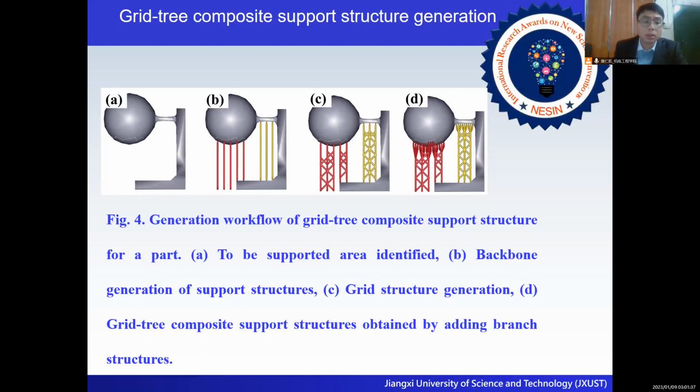Then use the raster sampling method to obtain the support points and generate the backbone of the support structure, as shown in Fig 4b. Next, use the sweep algorithm to generate the grid structure, as shown in Fig 4c. Finally, add branch structure based on the grid structures to obtain grid tree composite support structure, as shown in Fig 4d.